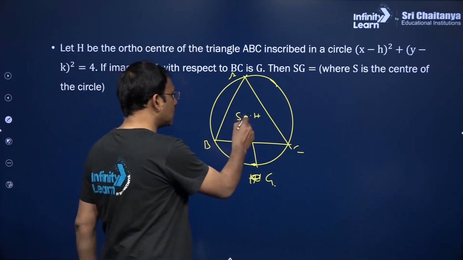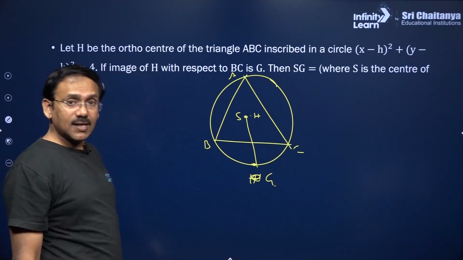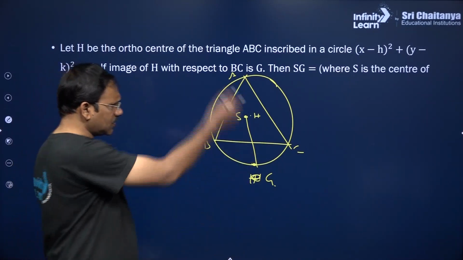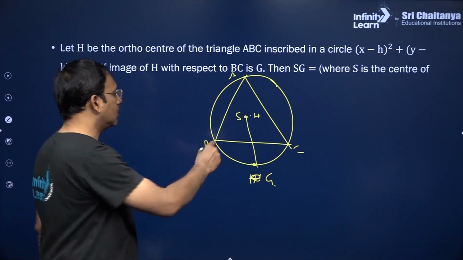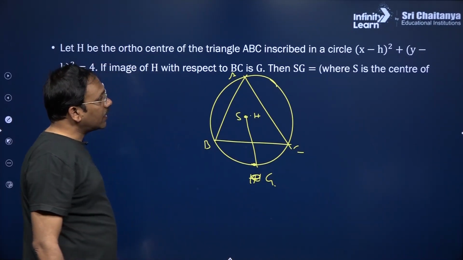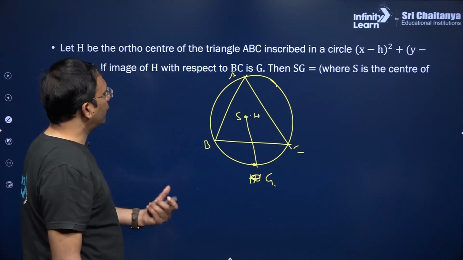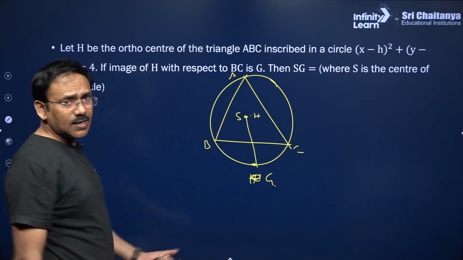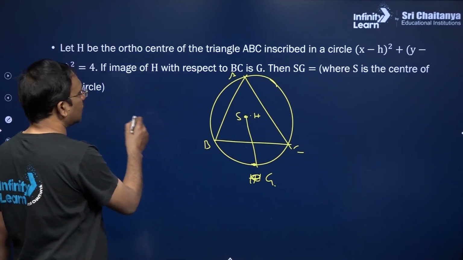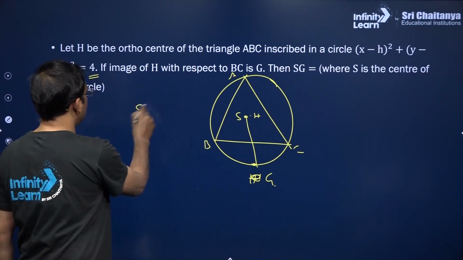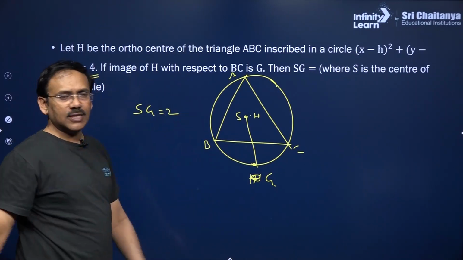This is the circumcenter, and circumcenter to any point on this circle is the radius, so it is the circumradius. S is the center, this is the circumradius. He has given circumradius is 2, my dear friends. So SG is equal to 2, that is it.